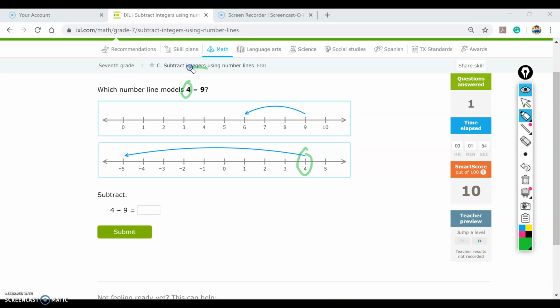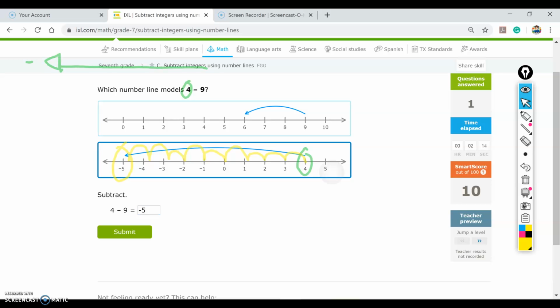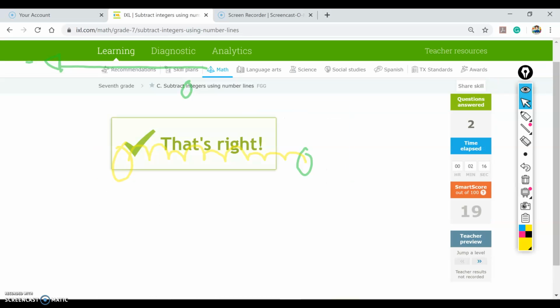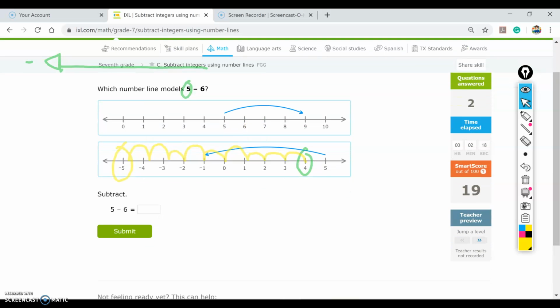Since 9 is negative, I would go to the left 9 units. 1, 2, 3, 4, 5, 6, 7, 8, 9, and I end at -5. So -5 is my answer for this problem, and the number line is the second one.